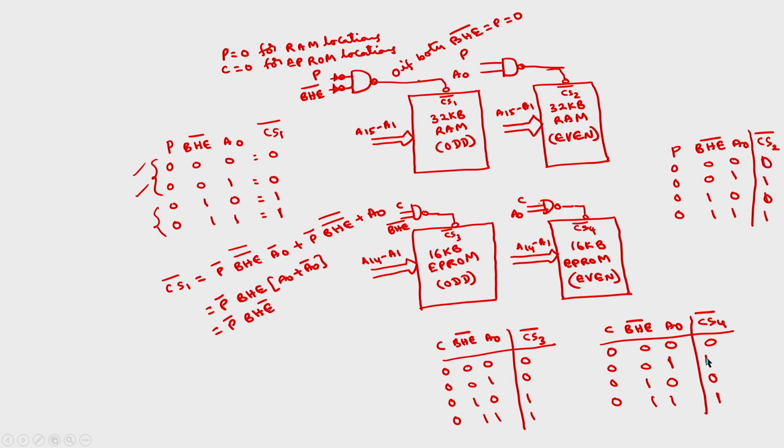If you write the Boolean expression, you will get the NAND operation of C and A naught. This is the complete memory map of this particular problem.